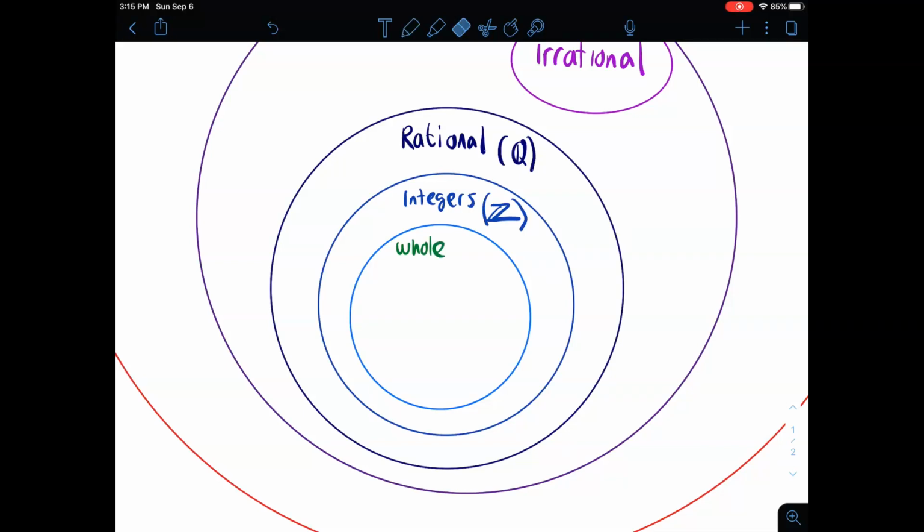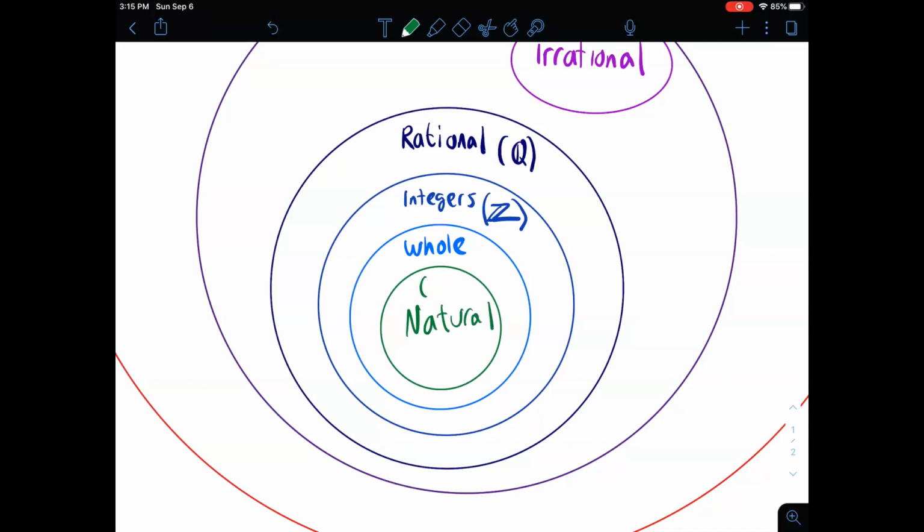Actually, I should have changed that color. And the last one we're going to have underneath whole numbers is natural.